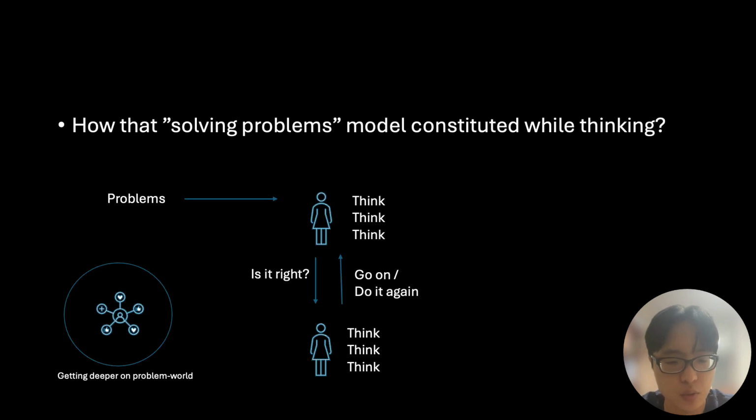So how the problem-solving model is constituted while thinking is the key question when we want to drill a person and make them especially good at solving problems.